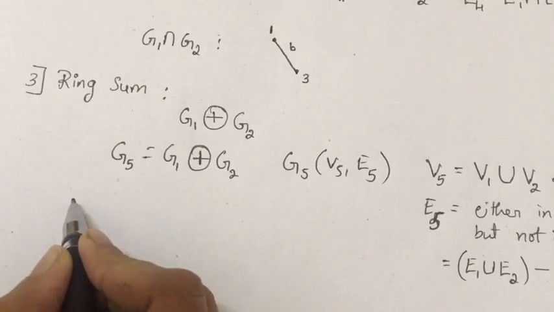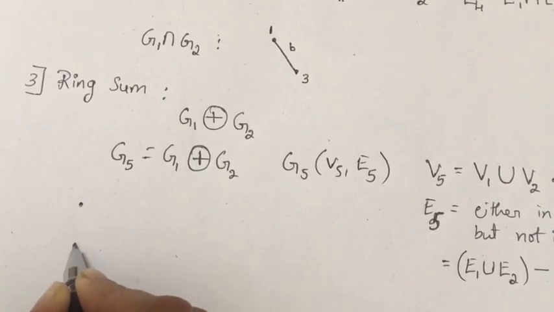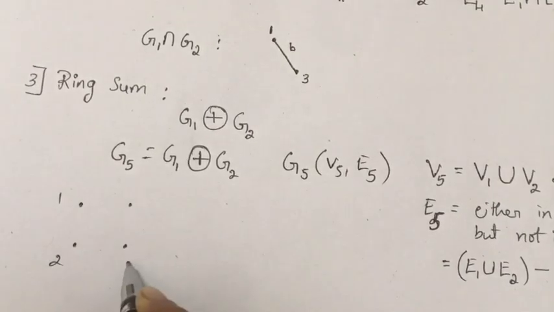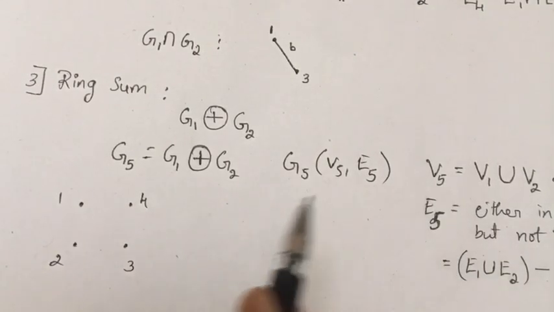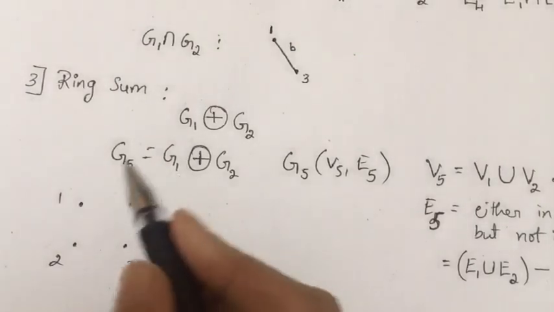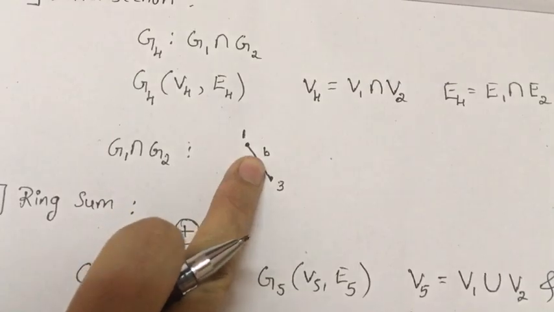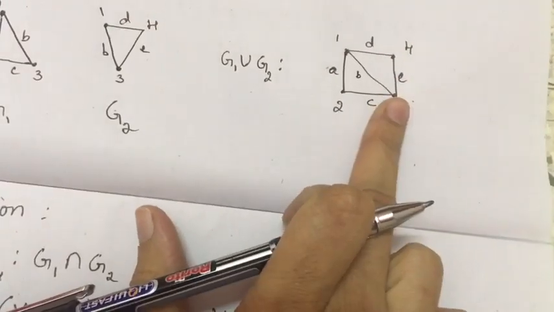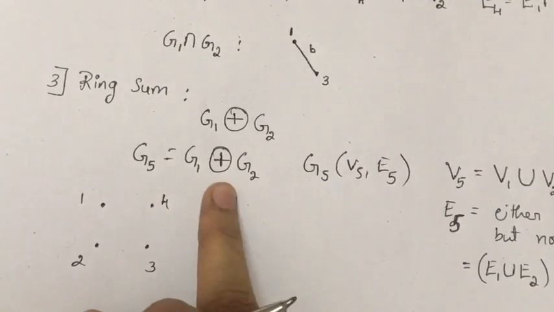I have to take all the vertices 1, 2, 3, 4. And I have to take those edges which are either in G1 or in G2, so I have to remove the edges which are in both. I know G1 intersection G2 is B. I just have to remove this from the union of G1 and G2 so that I'll get G1 Ringsum G2.